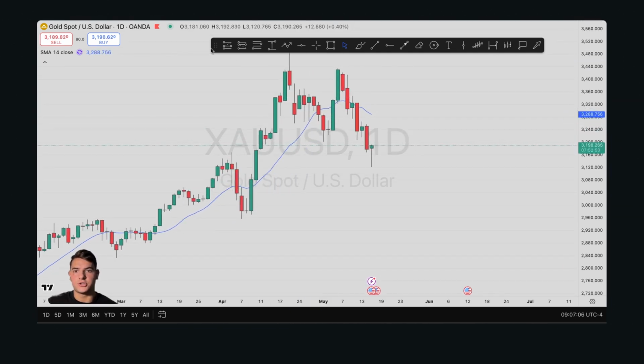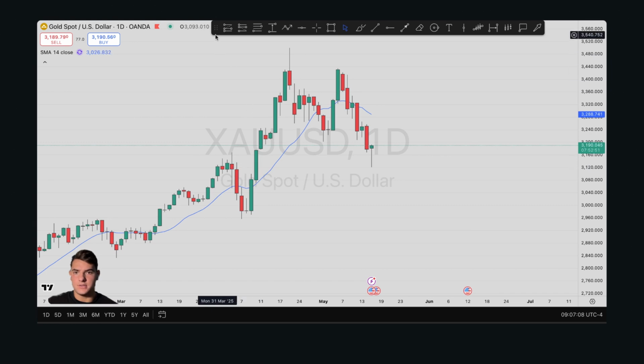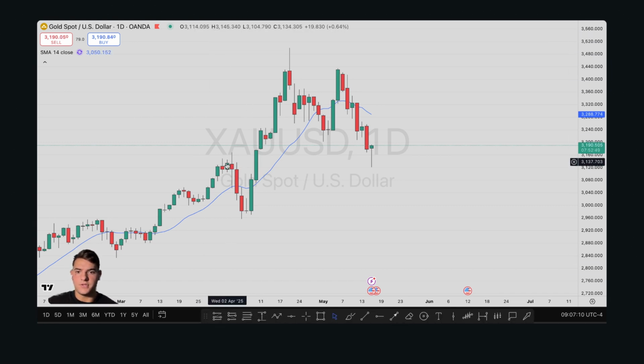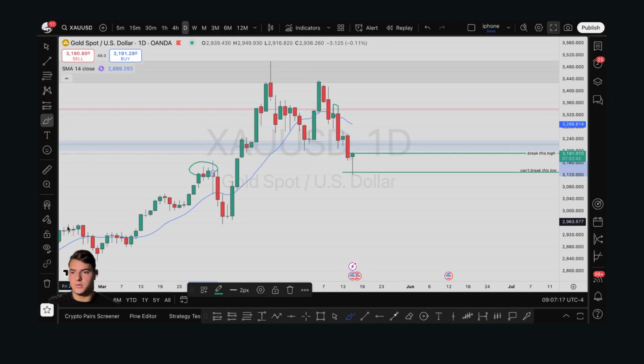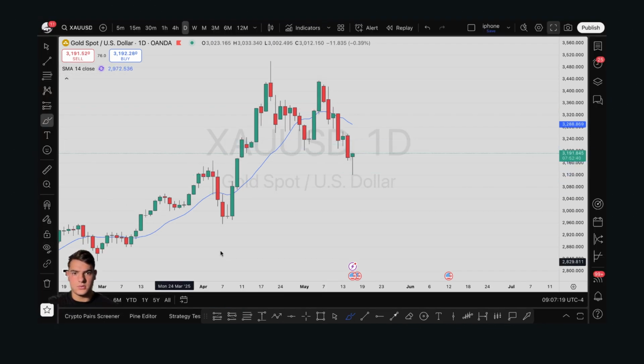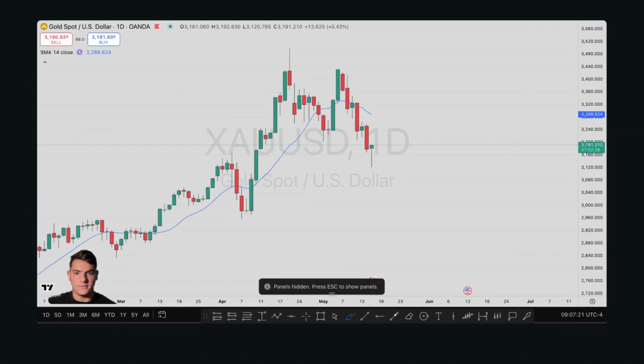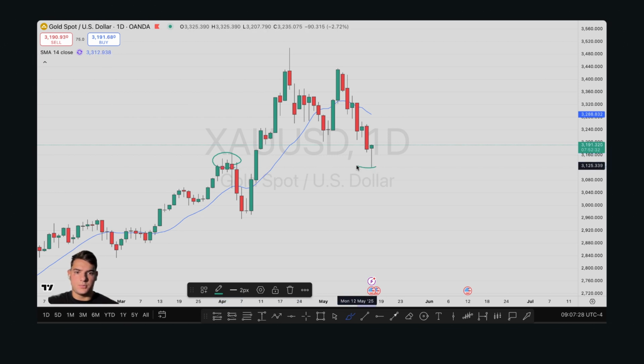If we're looking at structure, I have this high point over here. Let me delete all of this, I can draw it again after. So I have this high point over here, which looks like it's rejecting from this area, right?